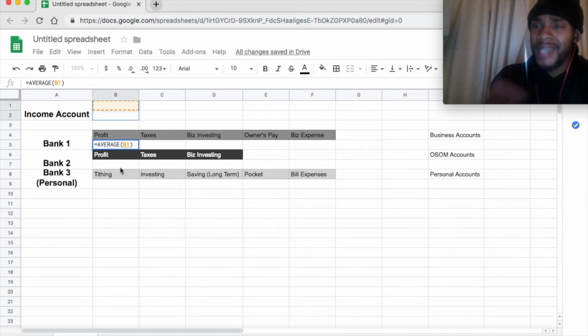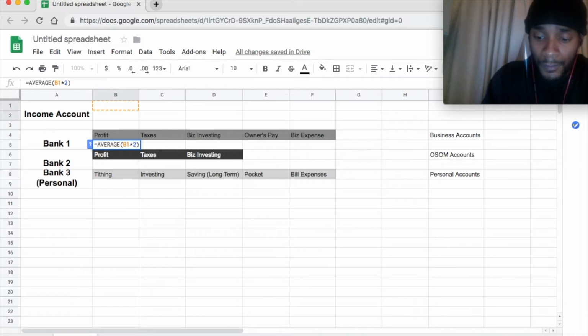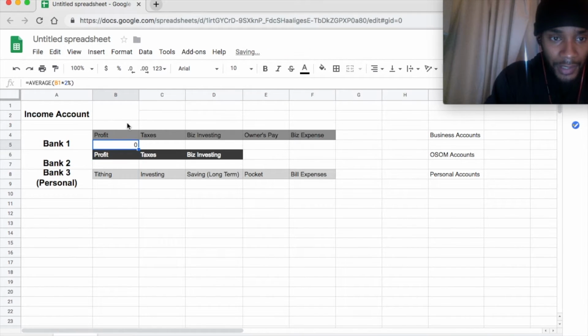Now I'll break down why it's so low later on, because in the beginning you definitely want to start off at a low percentage. So you do shift 8 for the asterisk key, which is multiply by 2%. Hit enter, and then you'll come here and put that dollar sign because you know it's going to be money.